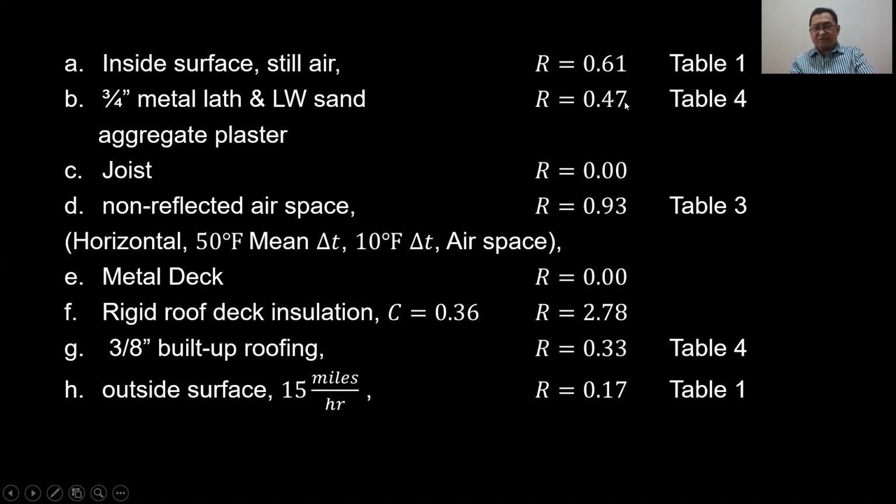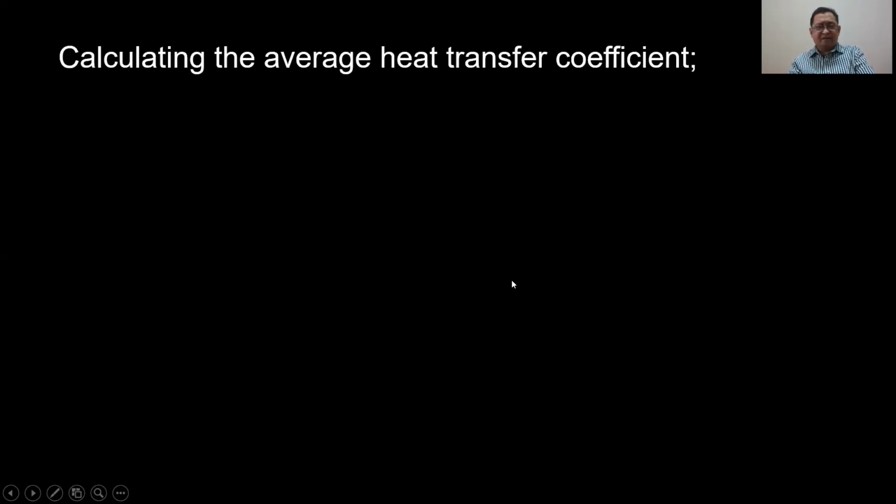And then we get the total of these resistances. We have here the value of 5.29, and get the reciprocal. So your average will be 0.189. So calculating the average heat transfer coefficient, we have U average is equal to 0.189 BTU per hour square feet degree Fahrenheit.